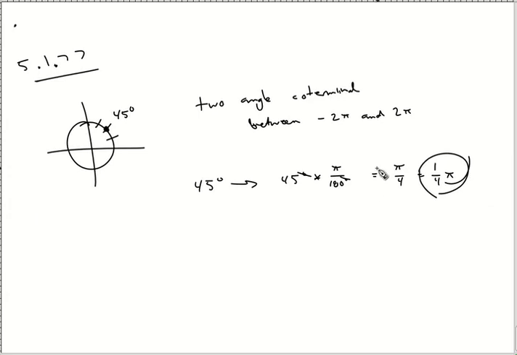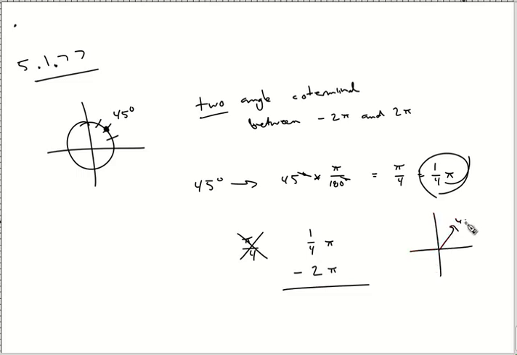That's one of my answers, but it wants two answers, and it says it can go negative. So what I'm going to do is take my pi over 4, or in this case 1/4 pi, and subtract 2 pi. What's happening is that I have a 45-degree answer.